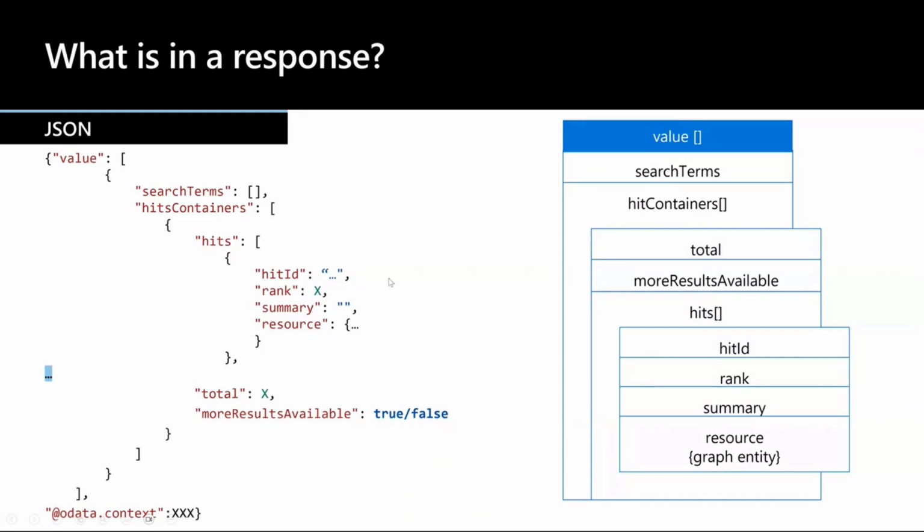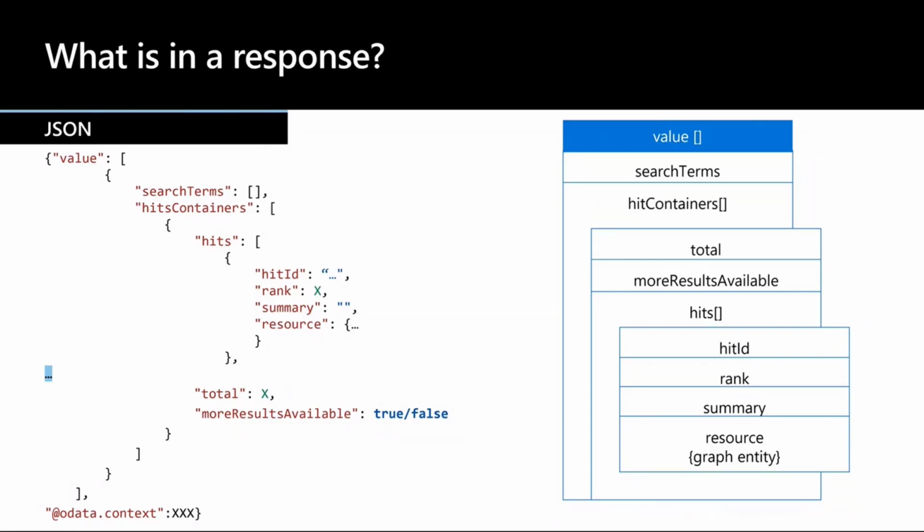In each hit, there are unique aspects such as the hit ID, the rank, which tells you the actual score of the search result and represents the position in the set, and then a summary, which is a fragment of text before and after the search term, and then the resource itself, which can contain a lot of different information and contains the Graph entity that we can specify based on how we structure our search request body.